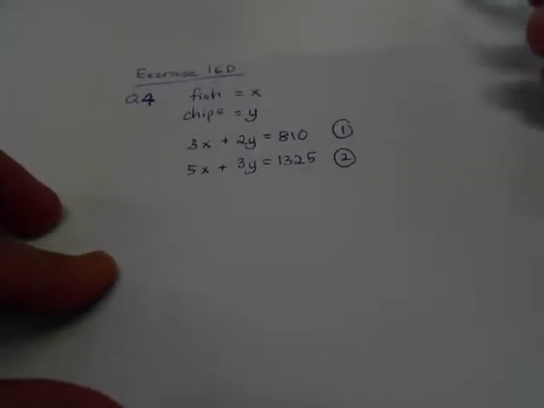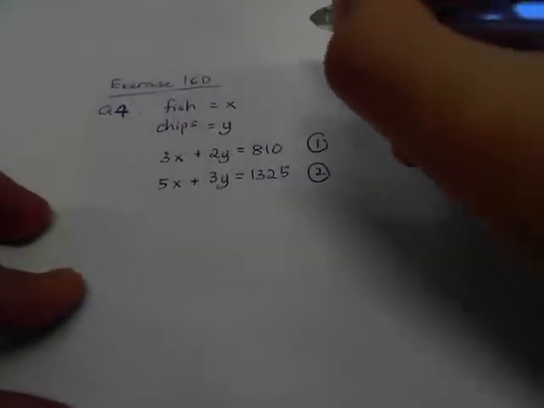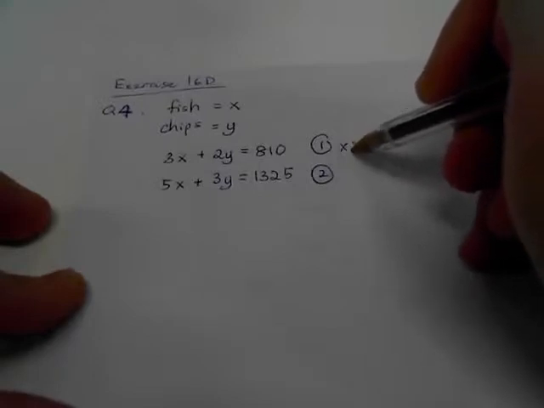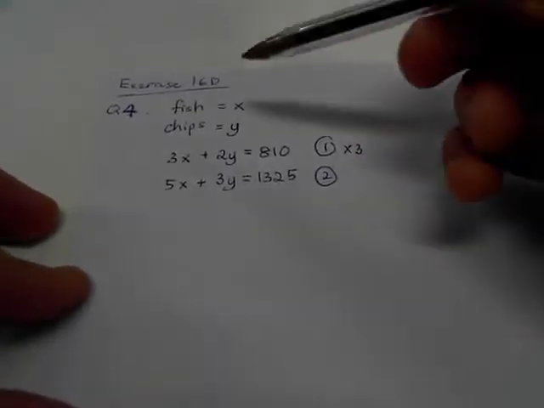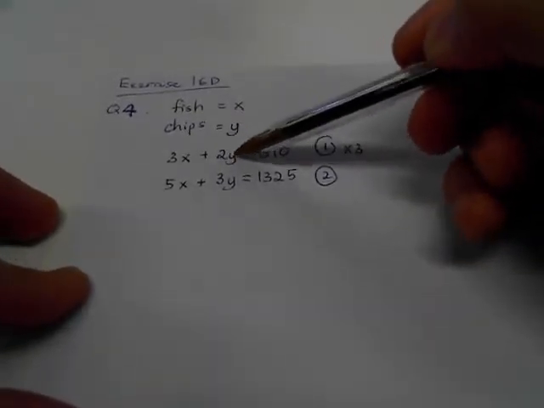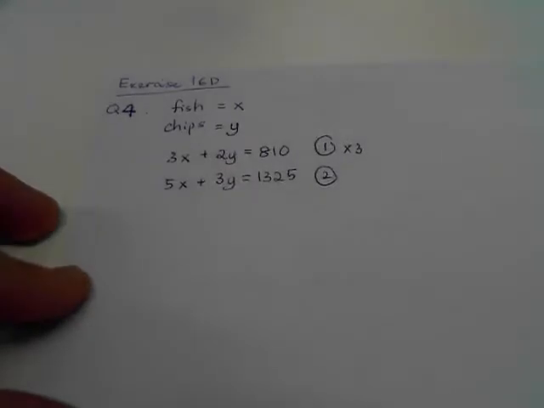So in this case, I can multiply equation 1 by 3. Why do I multiply it by 3? Because I want the 6y and the 6y to be of the same value.